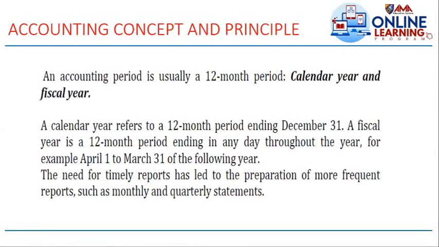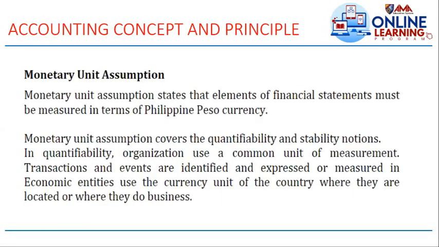Okay. And we also have this interim period. So it could be monthly, quarterly or 3 months, semi-annual or 6 months, and annually, which is the 1 year. Okay, we need to have that for a systematic way of reporting the financial statement.